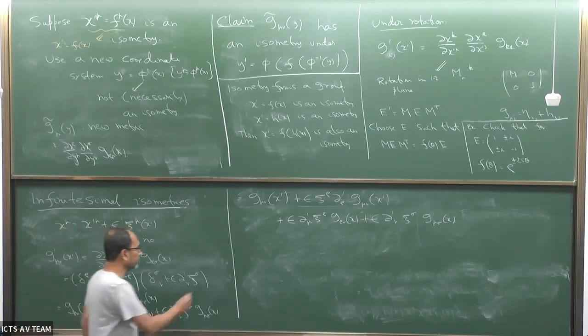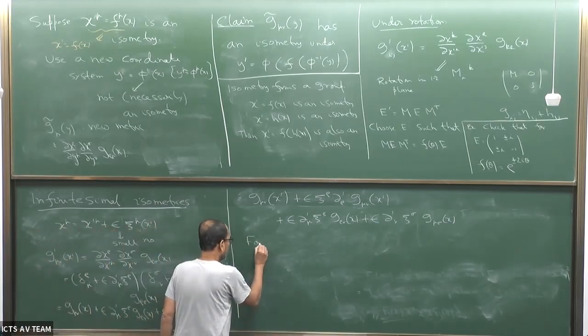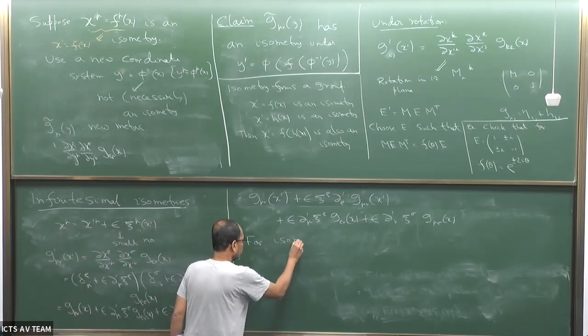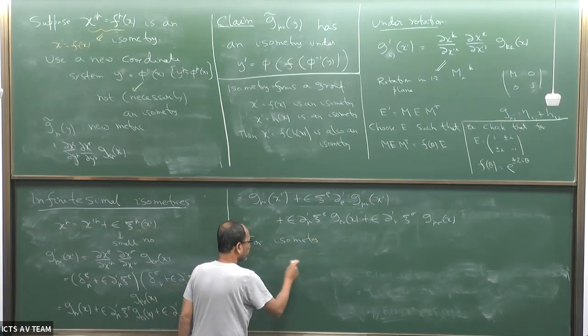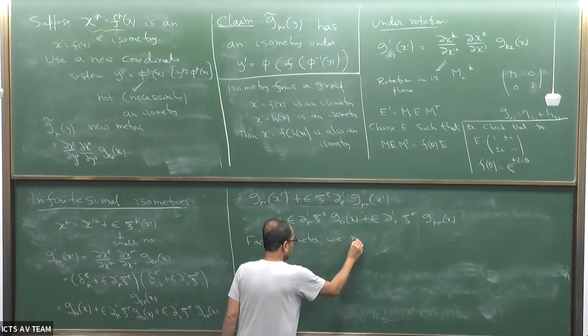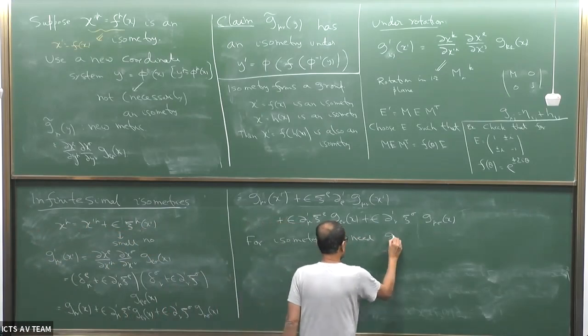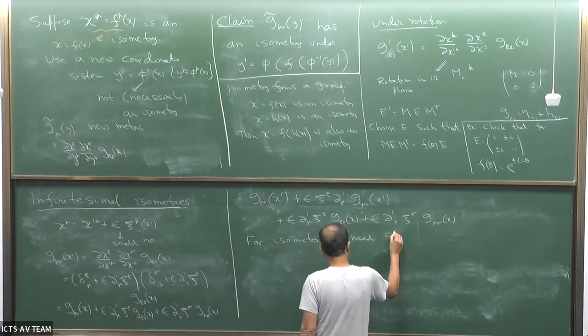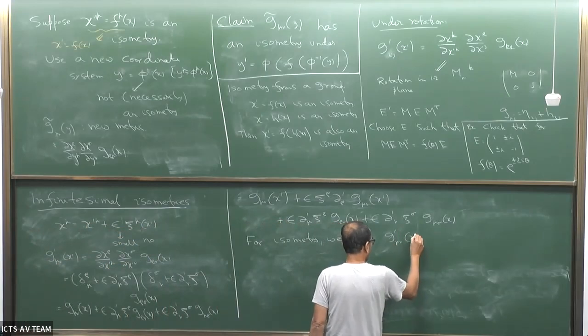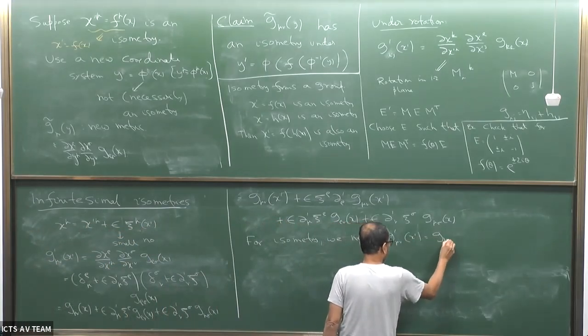Now we use the fact that for isometry we need g prime mu nu of x prime equal to g mu nu of x prime.